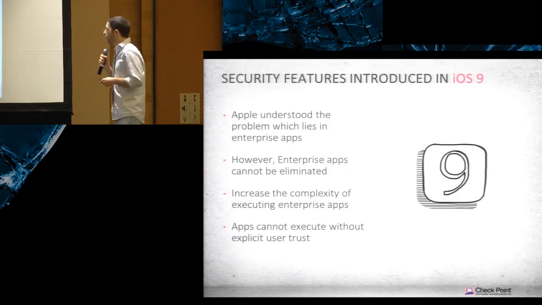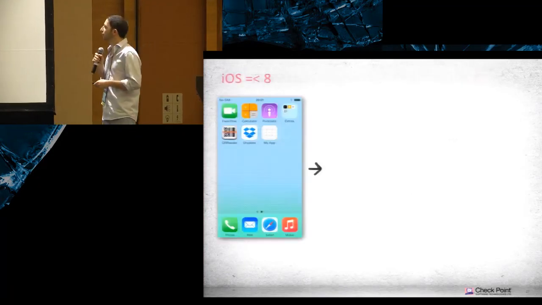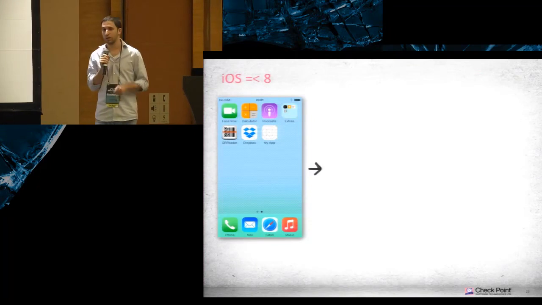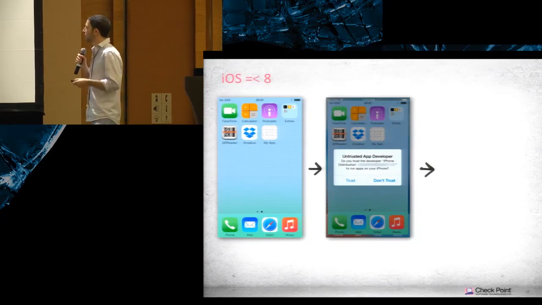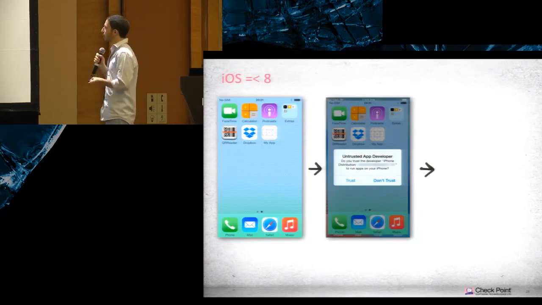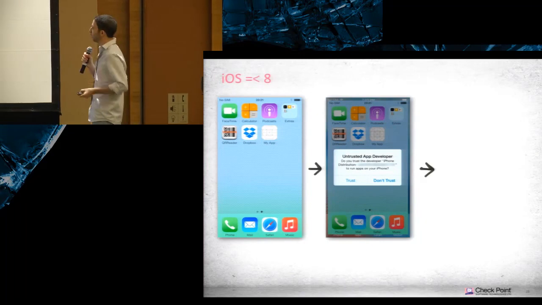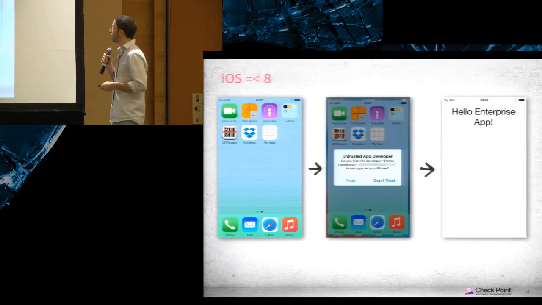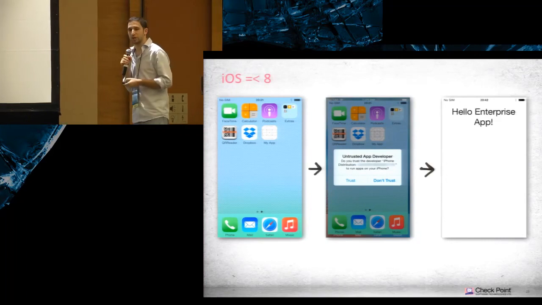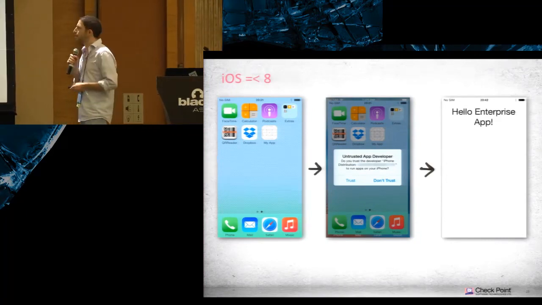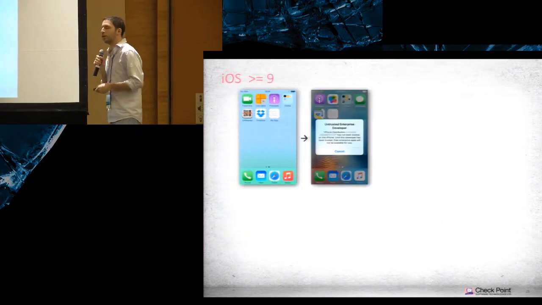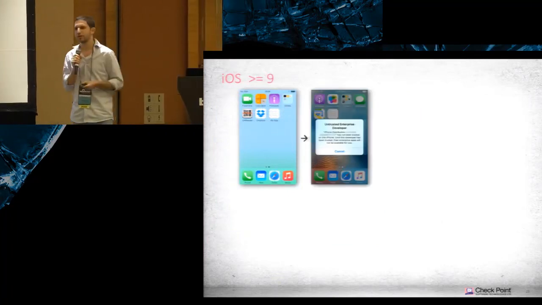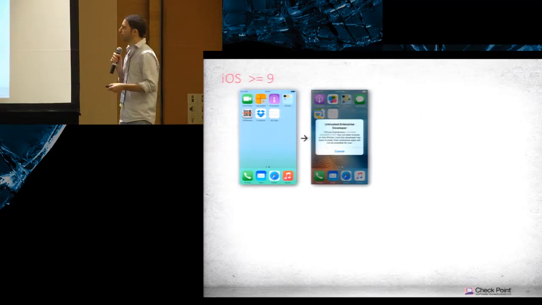In iOS 8 and before, execution of an enterprise app for the first time was very simple. You just got a dialog box that asked you to trust or not trust the app, and if you trusted the app, it was executed. In iOS 9, it's a bit more complex. When you try to execute an app for the first time, you cannot just trust it.